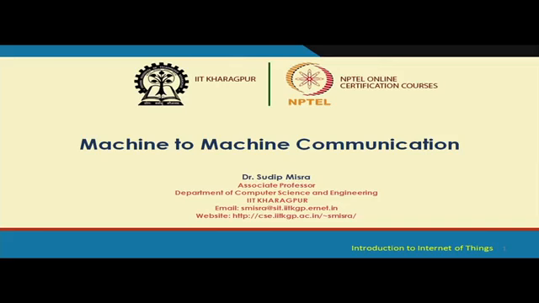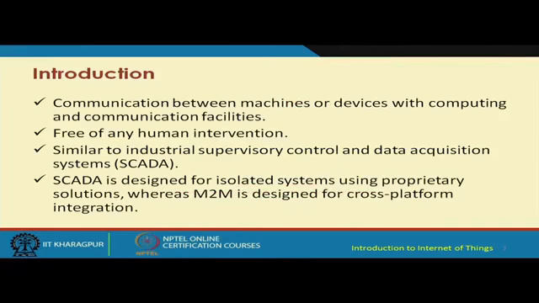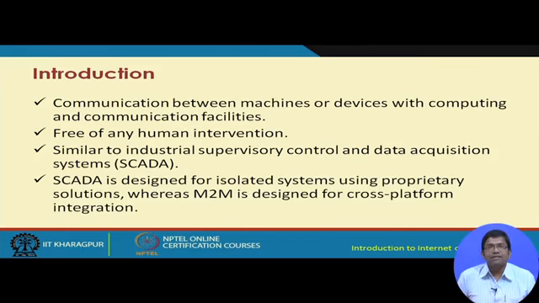Let us go ahead and look at some of these concepts. We have communication between machines or devices with communication and computing facilities, and ideally, strictly, there is no human intervention at all. I do not know whether you are already aware, but traditionally there used to be SCADA systems.